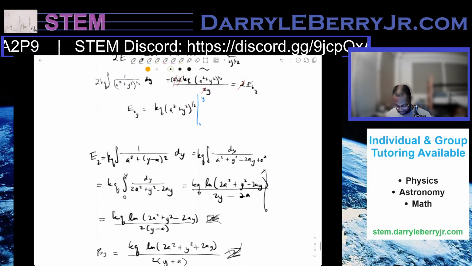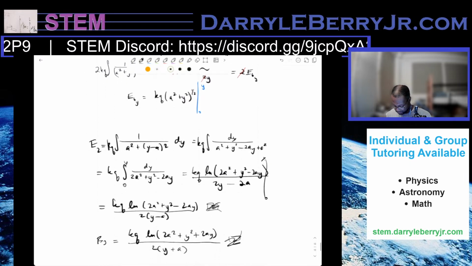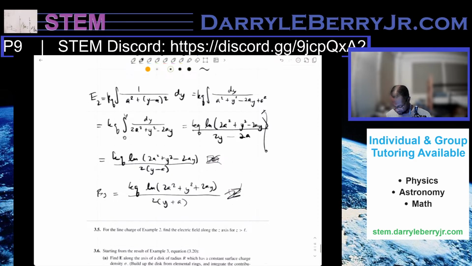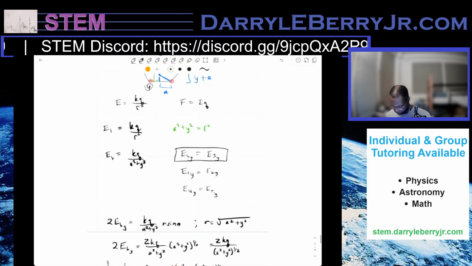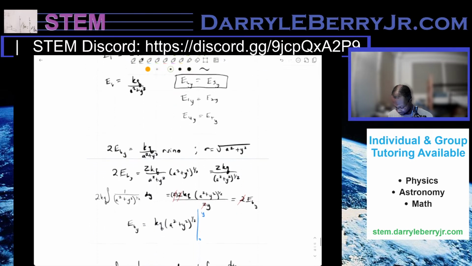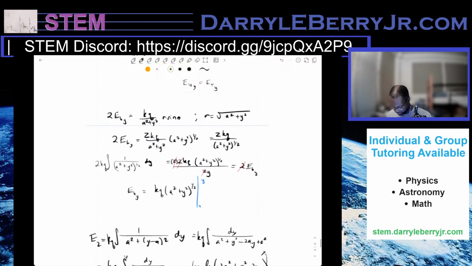Got to do the cosine thing to get only the cosine part of it. This is like the general one. Crap.